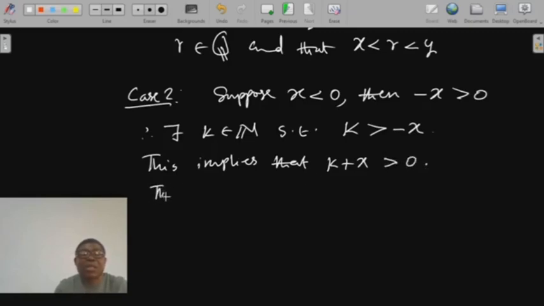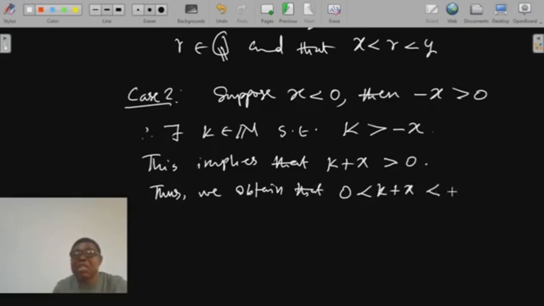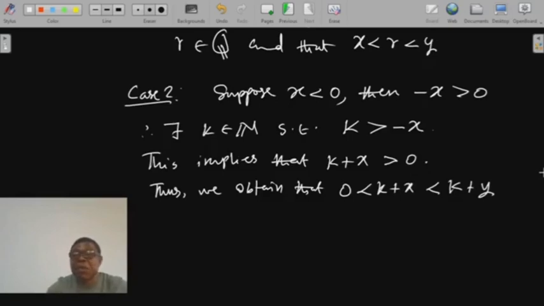Thus, we obtain that 0 is less than k plus x, which is less than k plus y. Because remember, we are assuming that x is less than y. That's given. So, what does this mean?